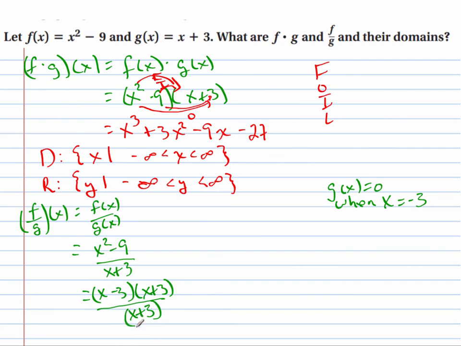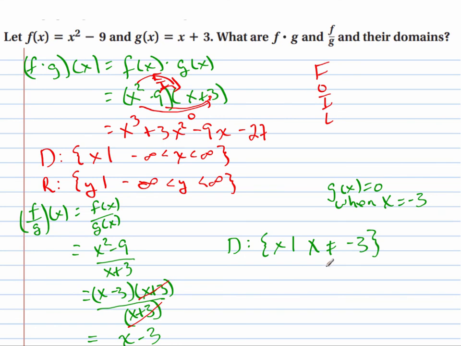I can cross out these terms because they're being multiplied. And I'm left with, this is equivalent to, x minus 3. But I still cannot have x equal to negative 3. So my domain is the set of x such that x does not equal negative 3.